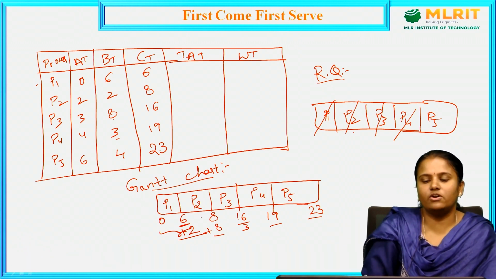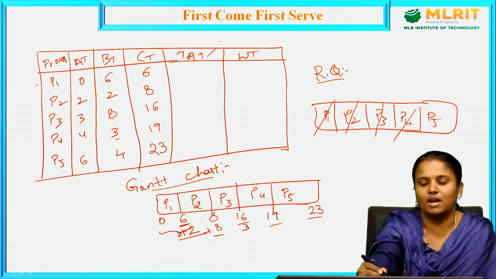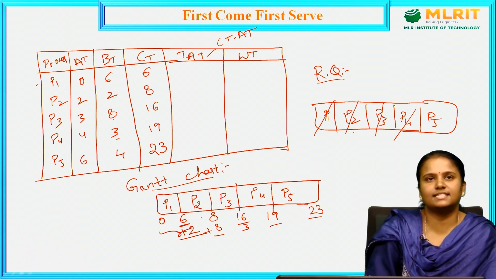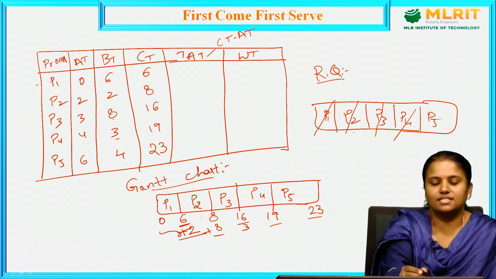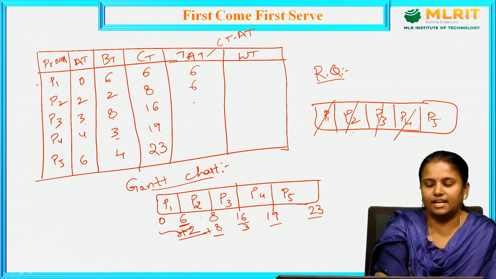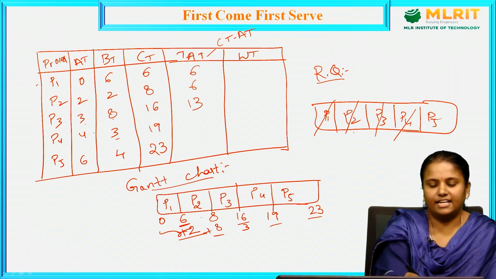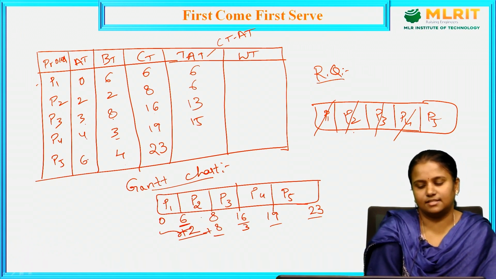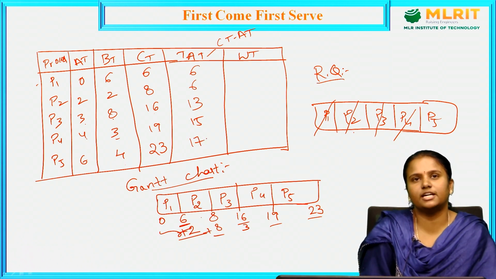Next, turnaround time. What is the formula? CT minus AT, completion time minus arrival time. 6 minus 0 is 6. 8 minus 2 is 6. 16 minus 3 is 13. 19 minus 4 is 15. 23 minus 6 is 17. So this is the turnaround time.